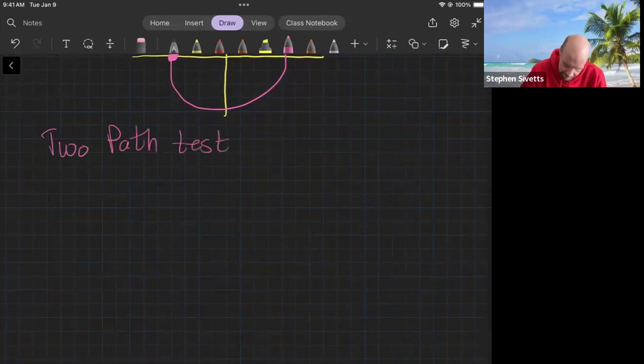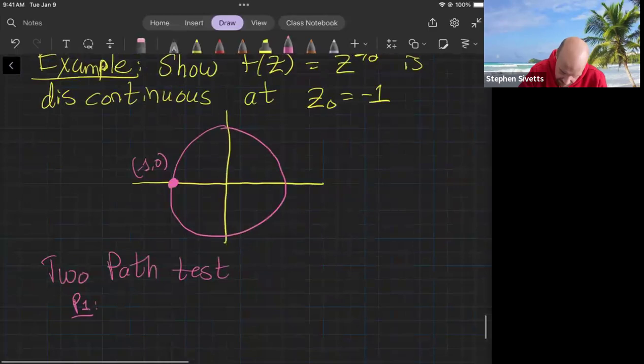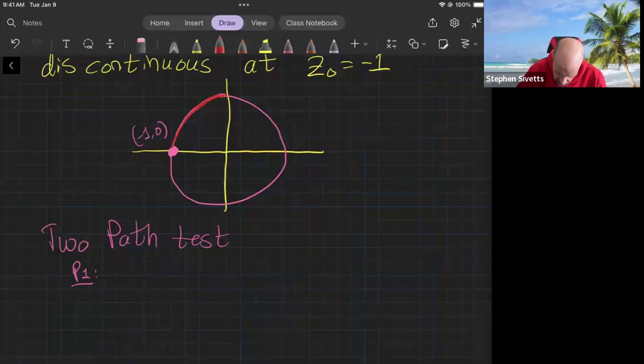Okay. So if I look at the first path, where we examine limits on this section of the circle, that will constitute having the principal argument from pi over 2 up to pi.